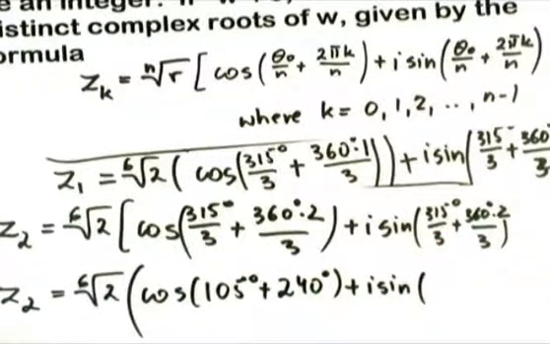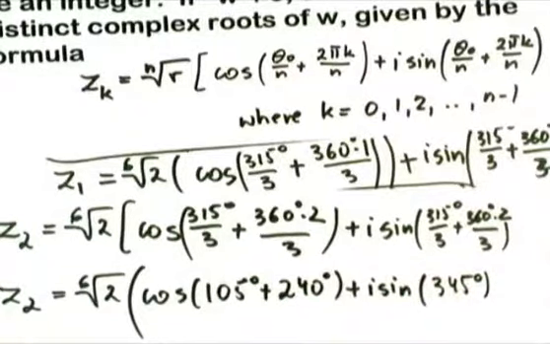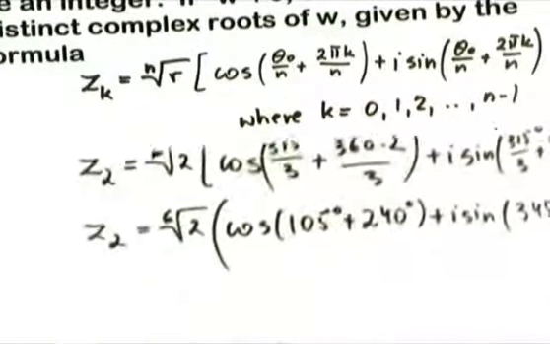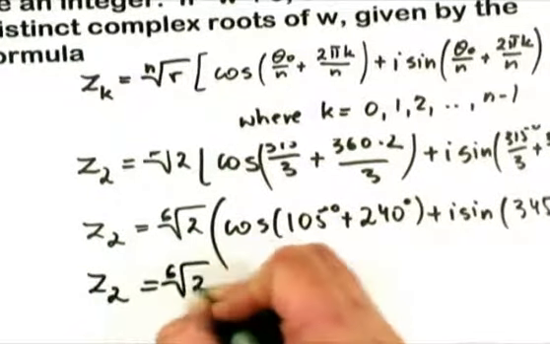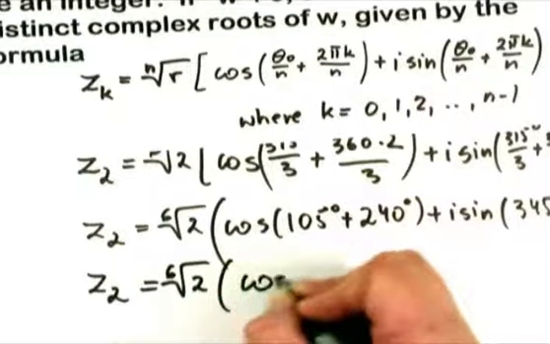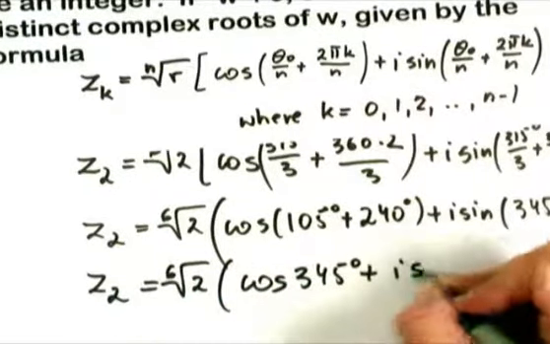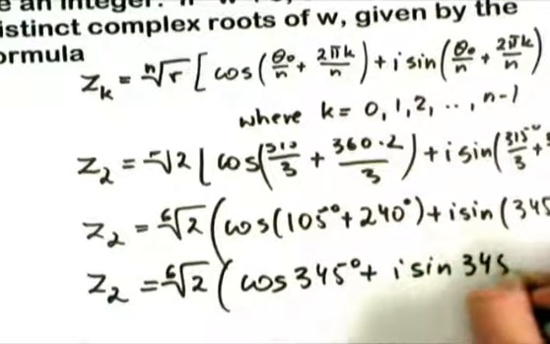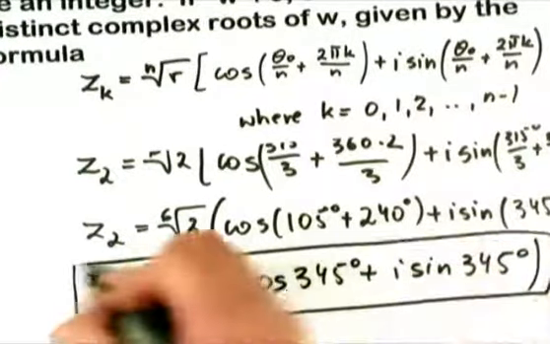So 105 plus 240 gives me 345 degrees. So we can write this nicely: z2 is the sixth root of 2 times cos 345 degrees plus i sine 345 degrees. So this is the third cube root.